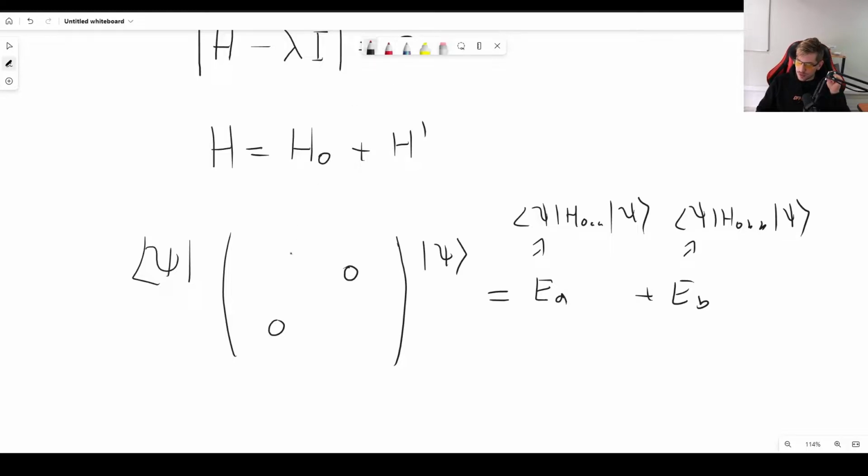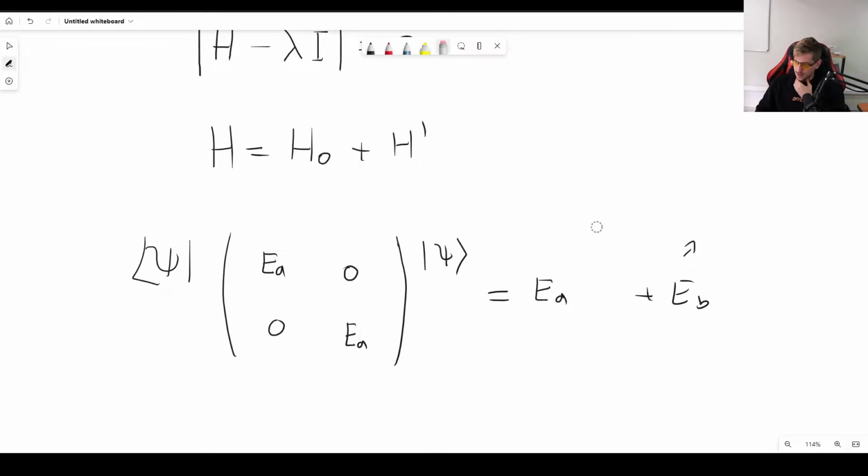So when we select these values, you can see that this is indeed true. This matrix, which is already diagonalized, which is very nice, is the H0 matrix, not the entirety of H. We still need to find H'.